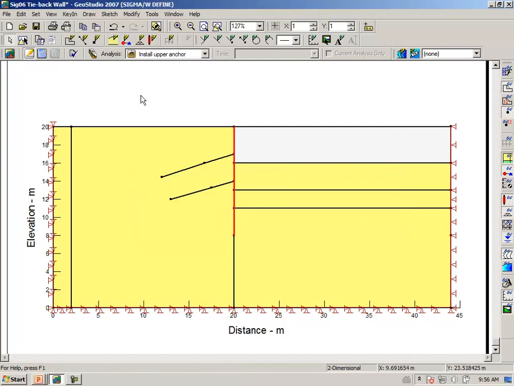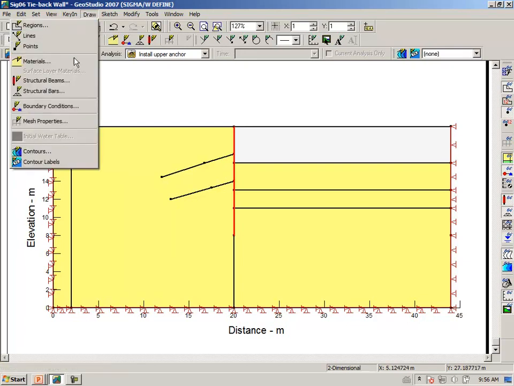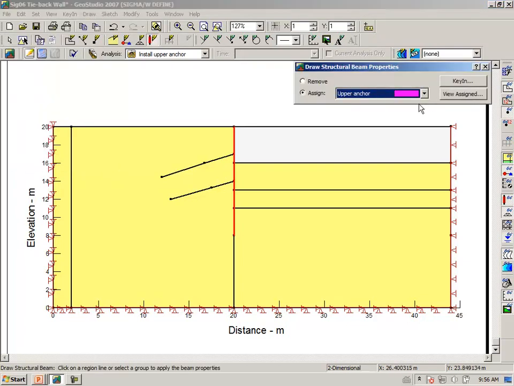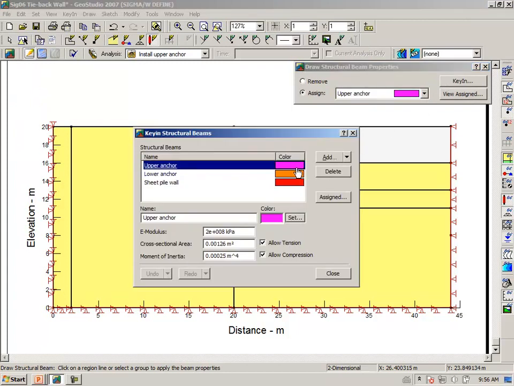But we now need to apply our anchor and pre-stress the anchor, draw structural beams, the upper anchor, and the upper anchor allows both tension and compression.